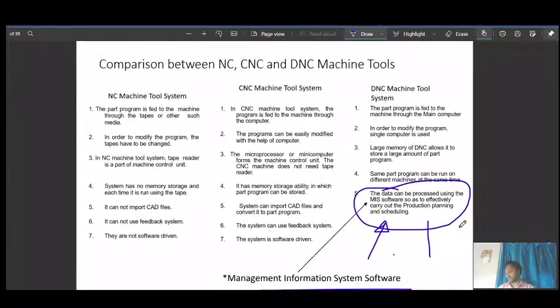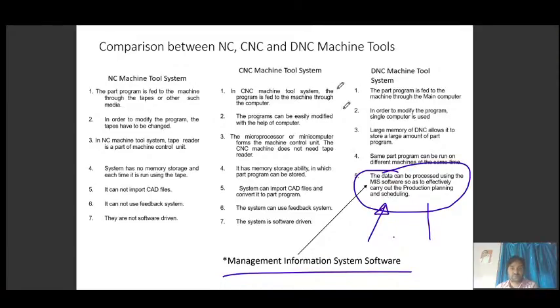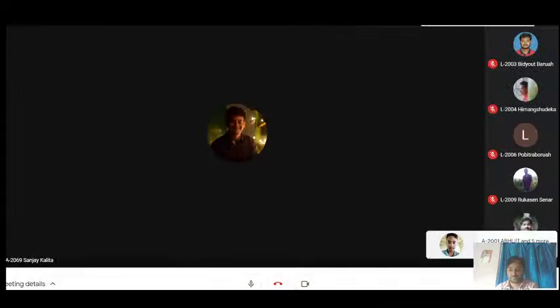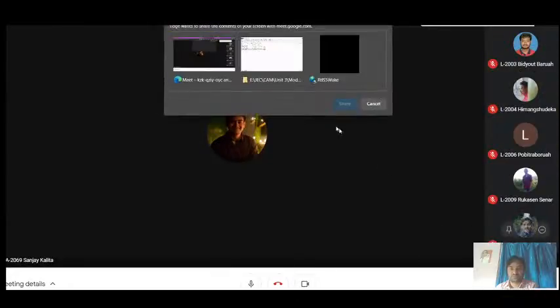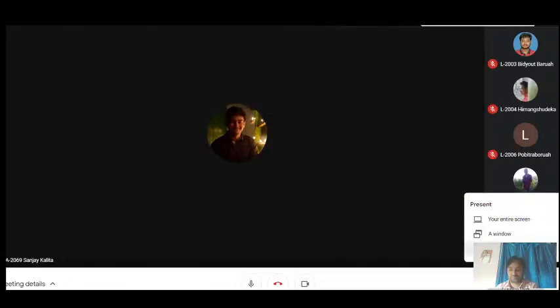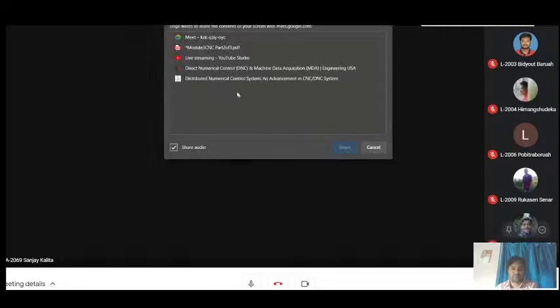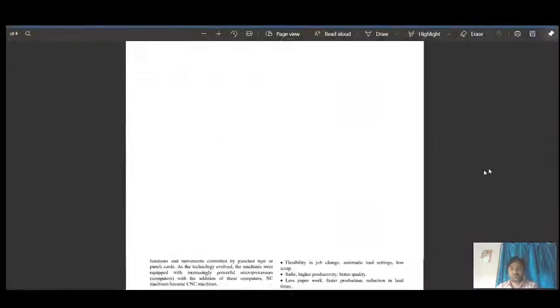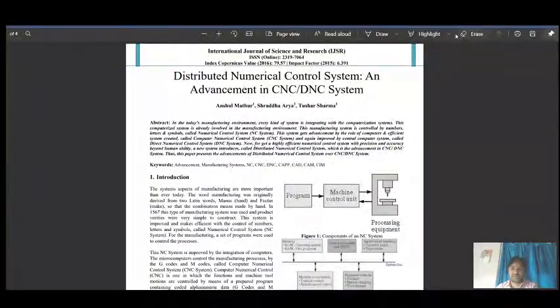So here, apart from this, I will take one more minute to show you something. This paper I will send you, and it discusses the distributed numerical control system.